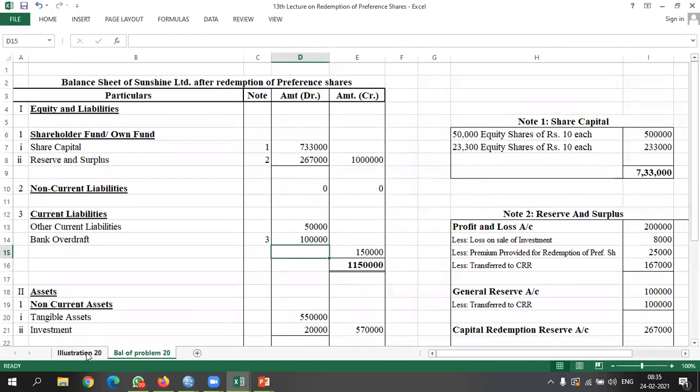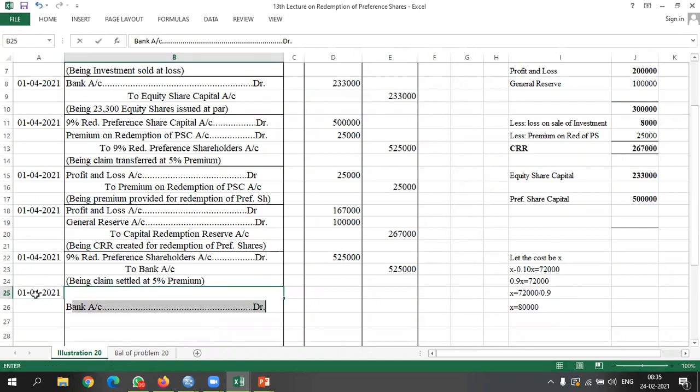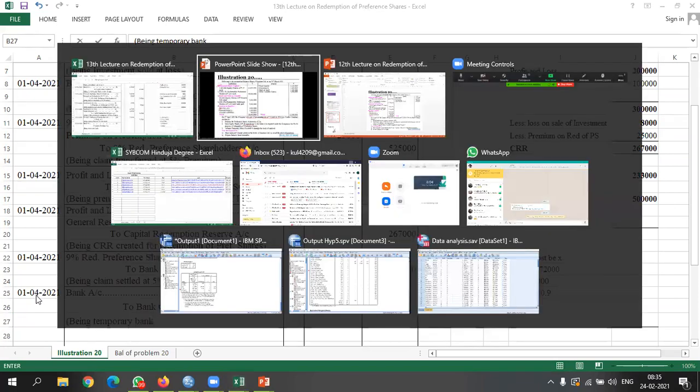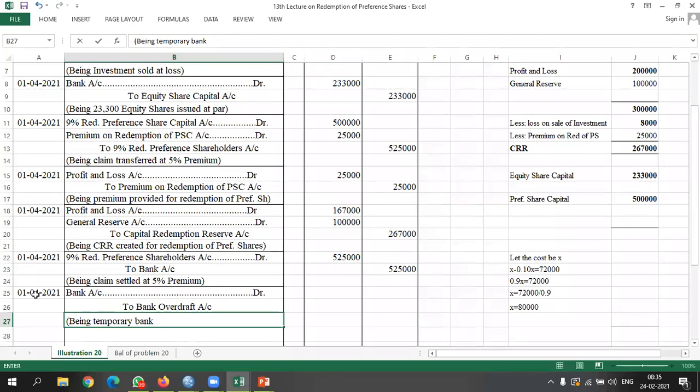There is one entry which is related to bank overdraft. So here we can also write down an entry like bank account debited to bank overdraft account. Here we will write being temporary bank overdraft is arranged.